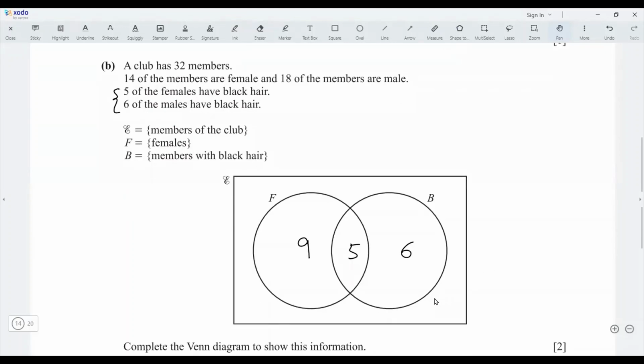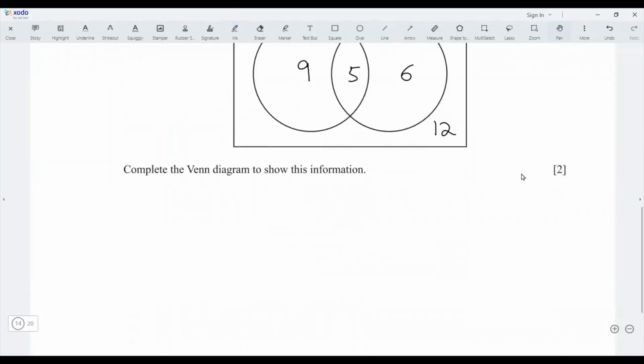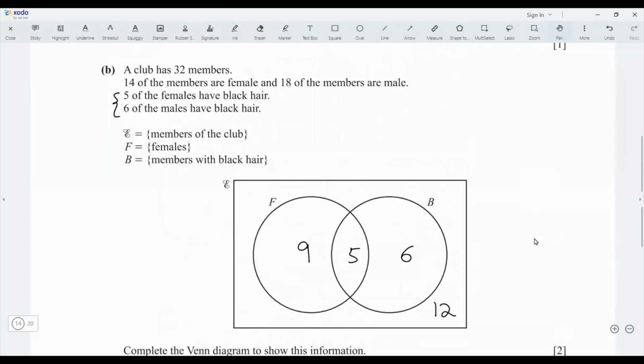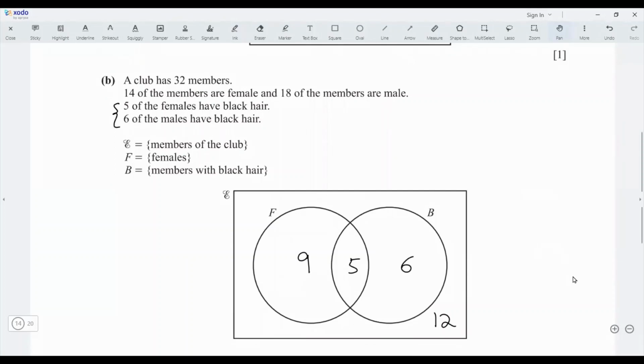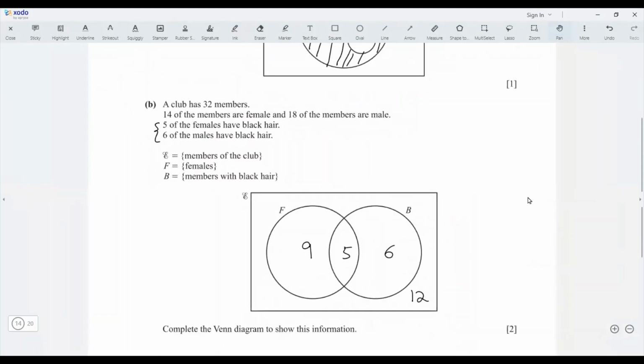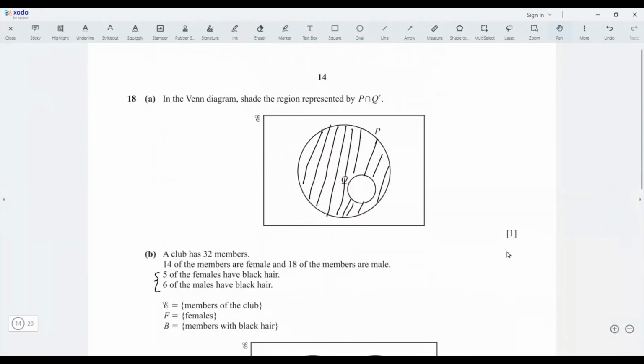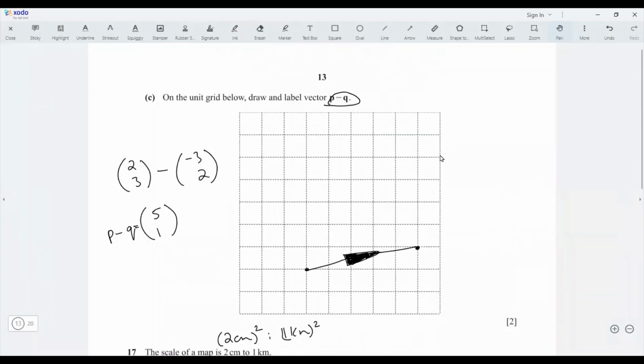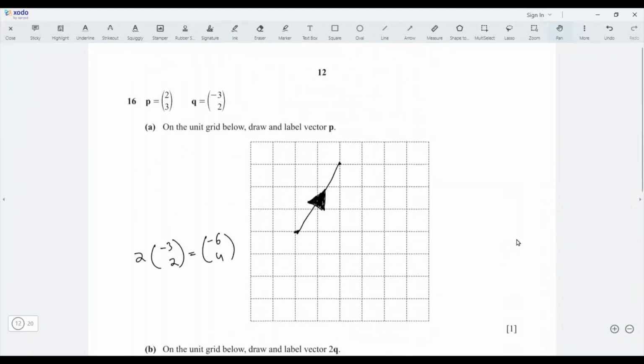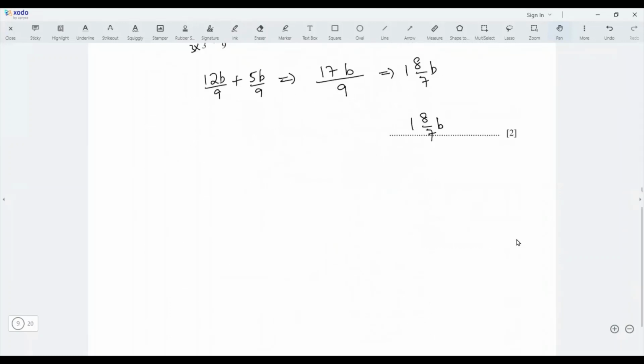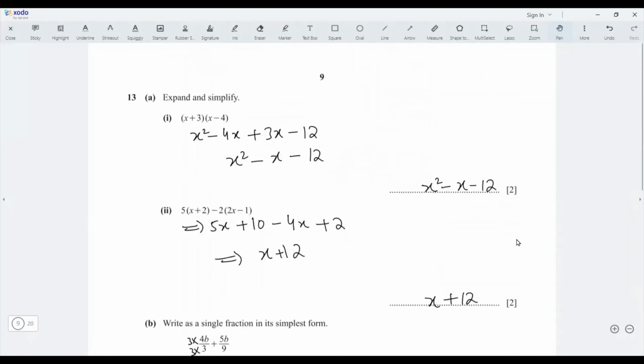Subtract 20 from 32, that will be 12, and 12 will be written outside. If you have written down all of the numbers correctly, you will get 2 marks from it. Pardon, we have missed one of the pages before, so I'm going to that page and we can solve the questions that were missed from this paper.